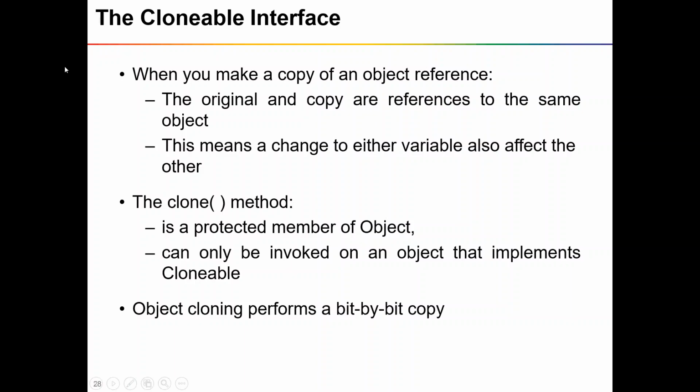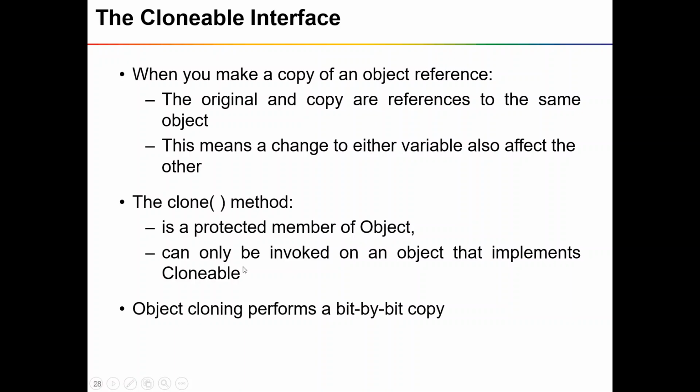Whenever you make a copy of an object reference, the original and the copy are references to the same object. So you are creating a copy of an object, then whenever you try to make changes in an existing object, it also affects the other object.